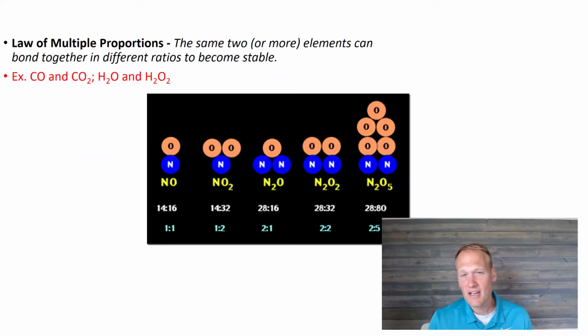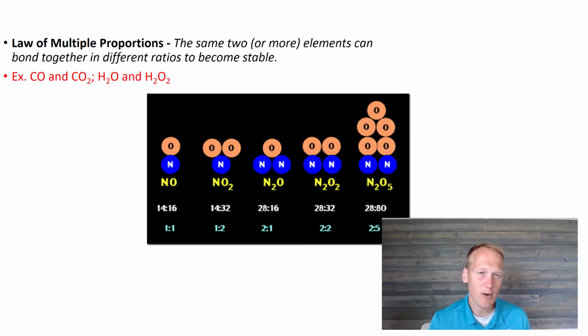One more quick thing here before we end. It's the law of multiple proportions. If you think about it, the law of definite proportions could help us identify unknown substances in lab. If we knew how much oxygen was in that substance and how much hydrogen is in that substance, you might be able to identify it as water. One sticking point to that, though: the law of multiple proportions says that sometimes two atoms bond together in different ways.